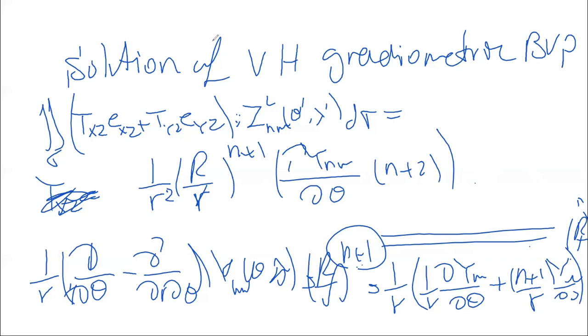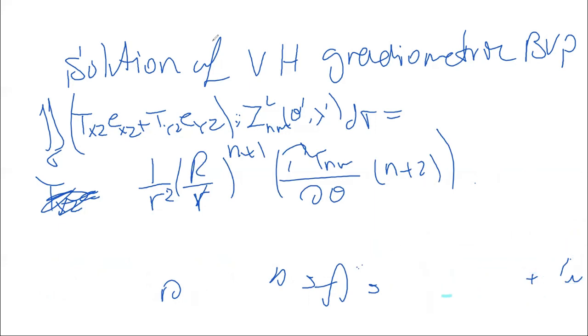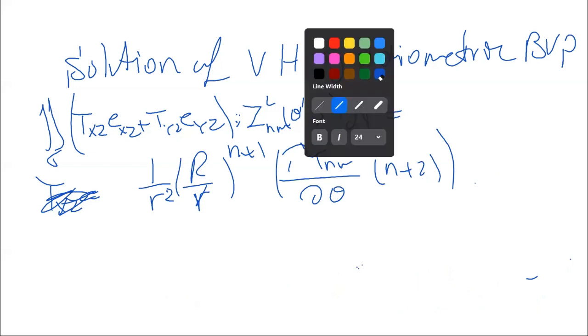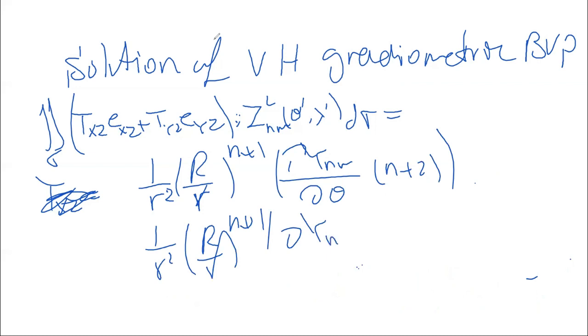Similarly, if I apply this formula for lambda, the operator for the lambda, I come to this formula. 1 over r², r over r to the n plus 1, ∂Y_nm over ∂λ, sin θ, n plus 2.